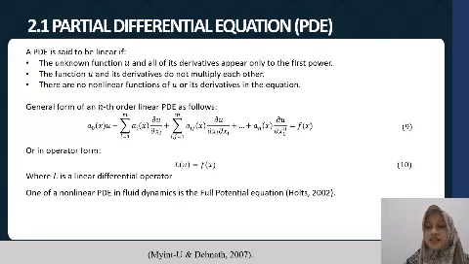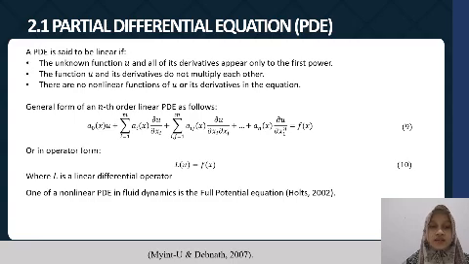A PDE is said to be linear if the unknown function u and all of its derivatives appear only to the first power, the function u and its derivatives do not multiply each other, and there are no nonlinear functions of u or its derivatives in the equation.